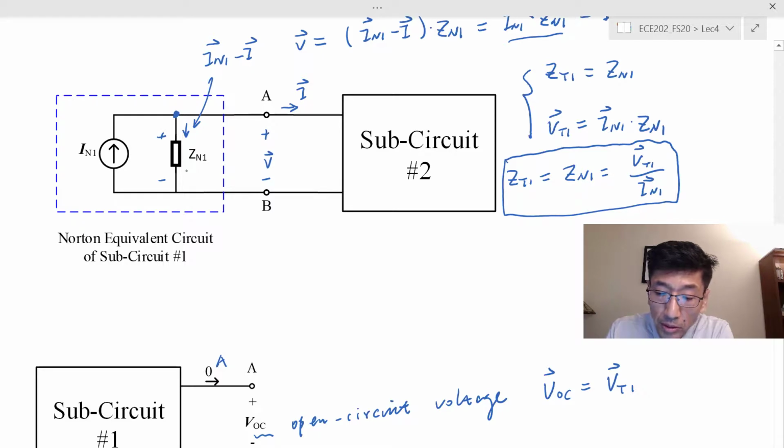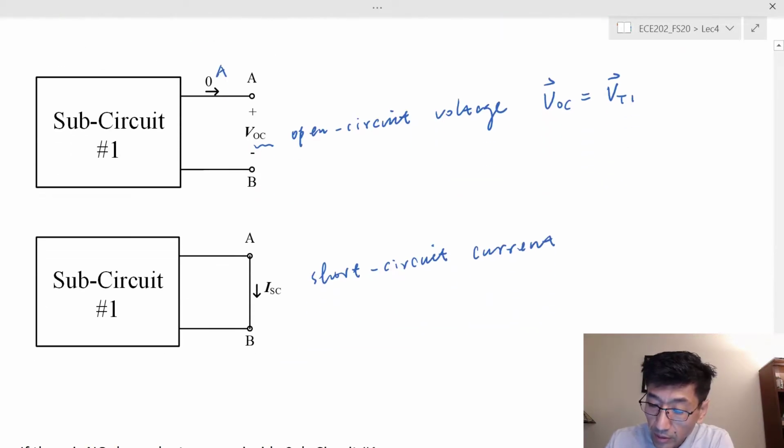The voltage across Z sub N would be 0. Therefore, the current through it would be 0, and therefore the short circuit current flowing between A and B would be equal to the current I sub N. That's how we find the Norton equivalent current, I sub N1.